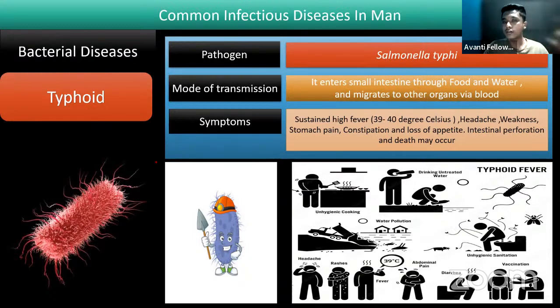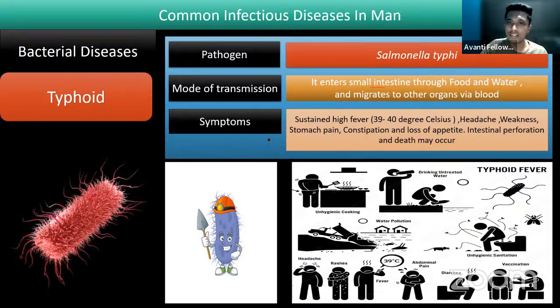When you eat infected food, it enters the small intestine, incubates and proliferates there. In severe cases, it can make perforations in the small intestine and spread to the rest of the body and organs, where it can become very deadly and even lead to death.